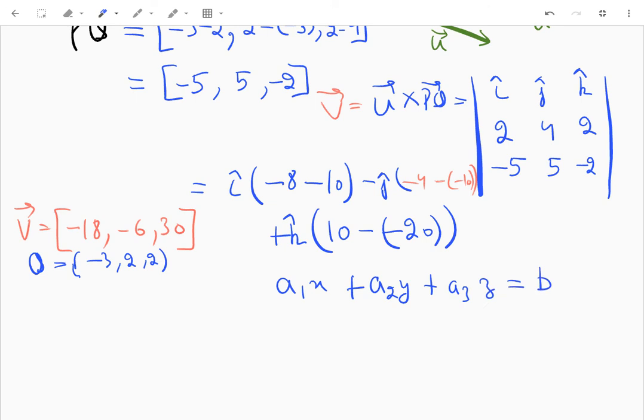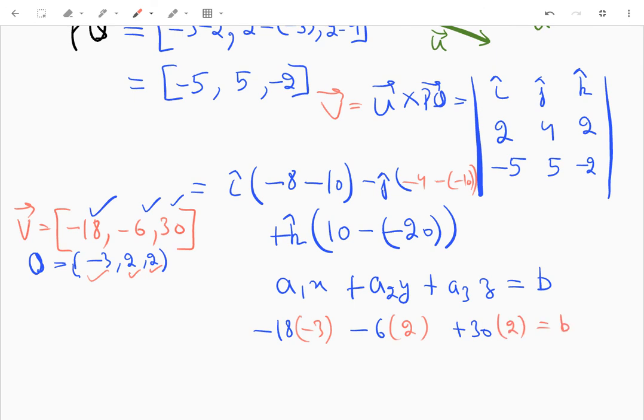Now a1, a2, and a3 are the components of the orthogonal vector, so I'll plug in 18, minus 6, and 30 here, and x, y, z are the coordinates of this point. So I'll plug in negative 3, 2, and 2.